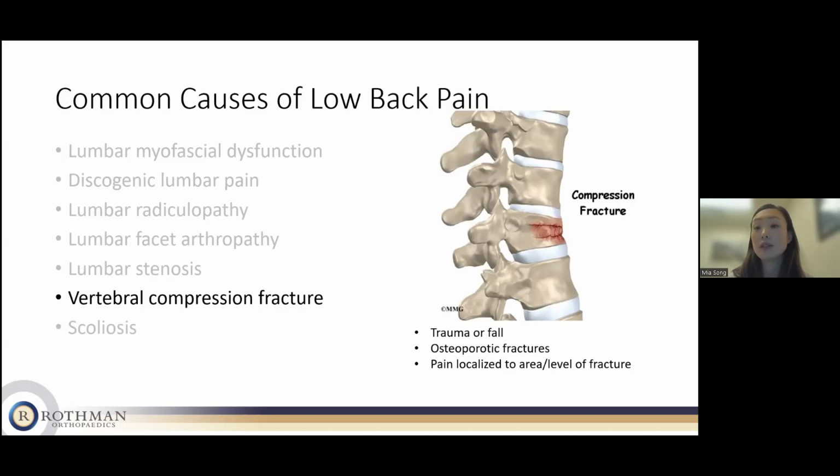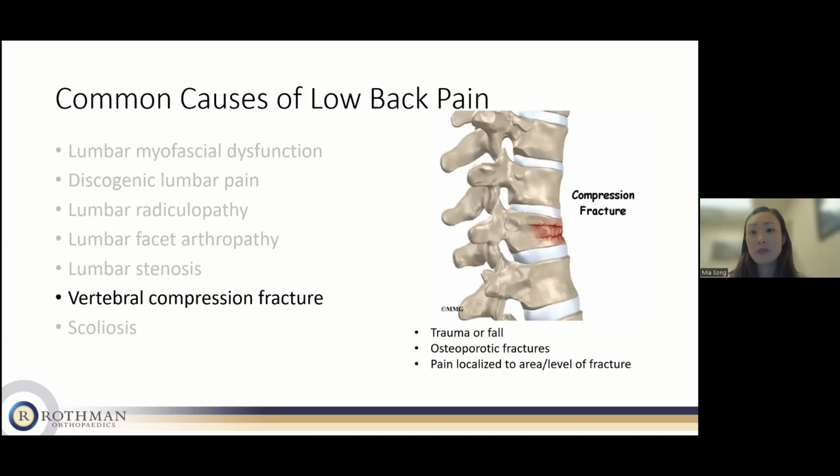Patients who have falls and develop severe back pain, we definitely want to evaluate for compression fractures. Sometimes patients can develop compression fractures without falling, and in most cases, not all, it's because of underlying osteoporosis, or weakening of your bones and decreased bone density.